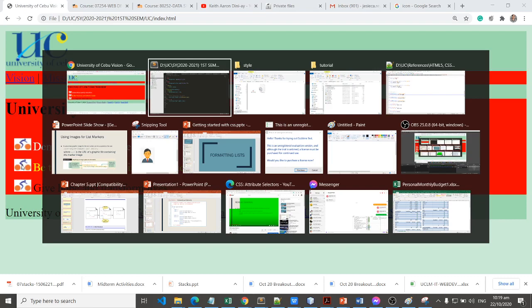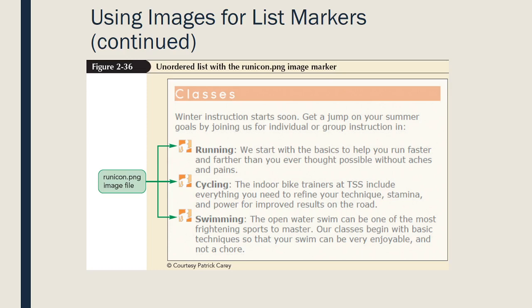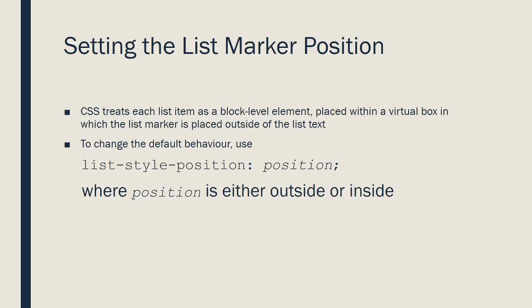Now for setting the list marker position, by default, CSS treats each list item as a block-level element that is placed within a virtual box in which the list marker is placed outside the list.